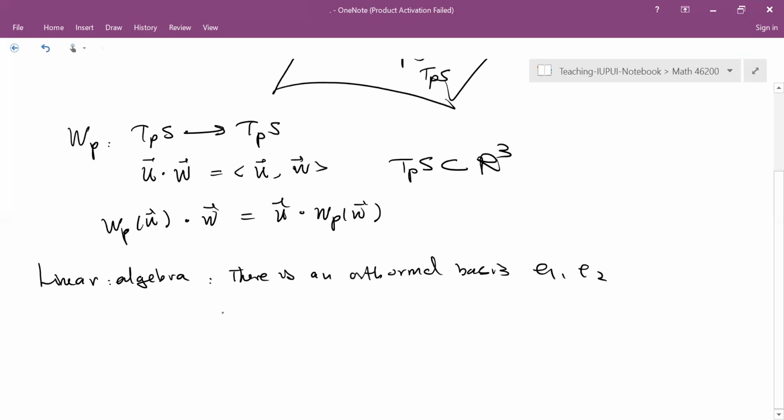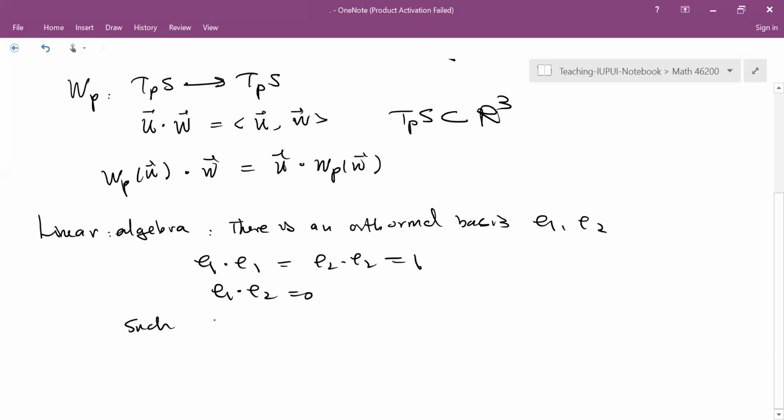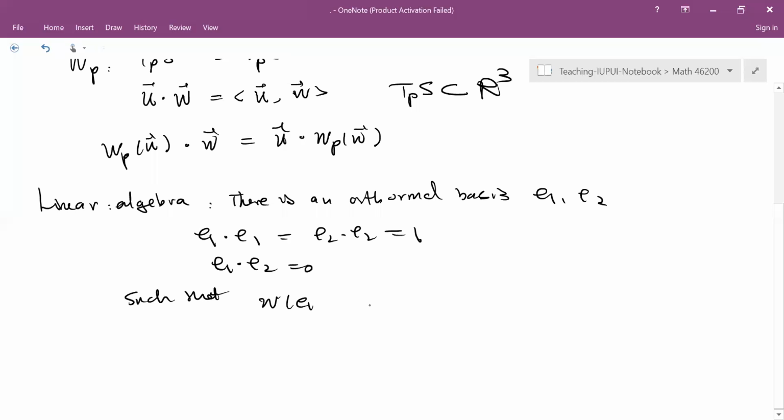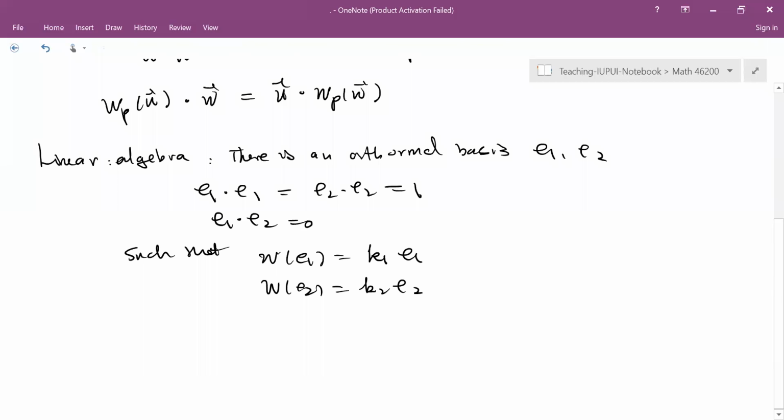Orthonormal means the dot product of each with itself is going to be 1, and the dot product of the two is going to be 0, such that W of E1 is going to be K1 E1, and W of E2 is K2 E2. That is a very important property from linear algebra.